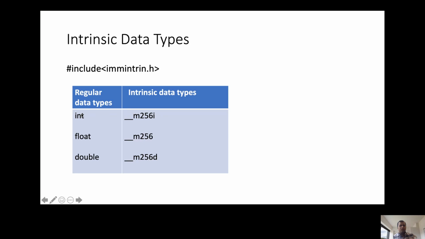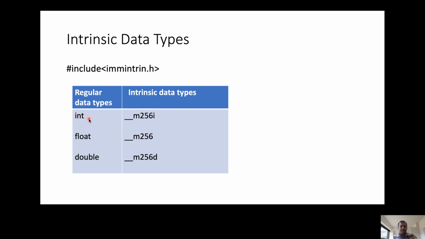The last slide only showed you double, but this slide shows you that if you include immintrin.h, you can use these vector intrinsic data types for integers, for floating point, this is single precision, and for double precision.